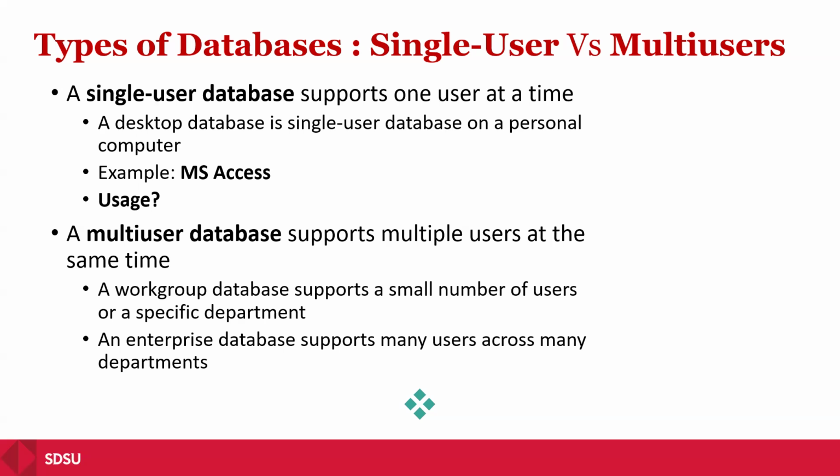An example for the single user database can be Microsoft Access, and you probably all have question why in the world a single user database exists. Who needs a database that can support one user? Believe it or not, there is a lot of use cases for one single user database, and the main use case are proof of concepts.